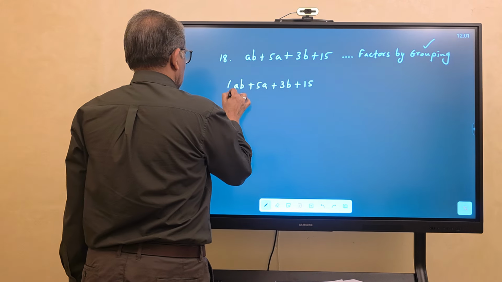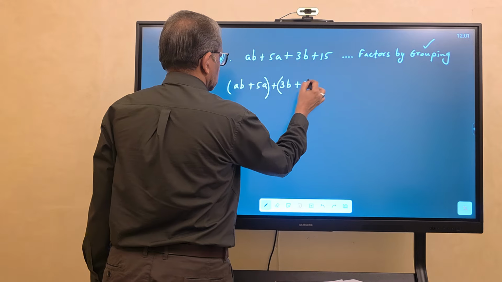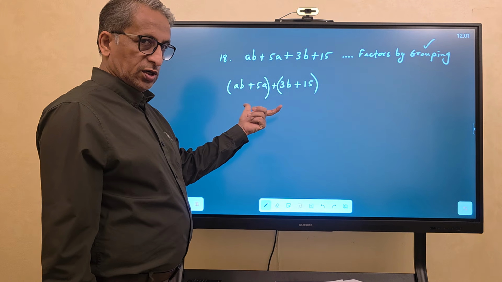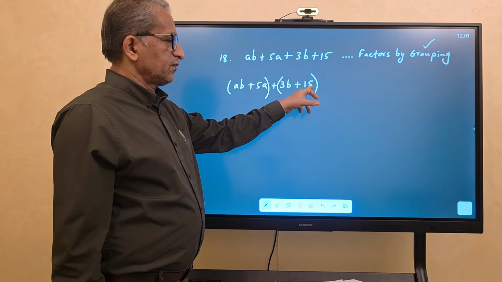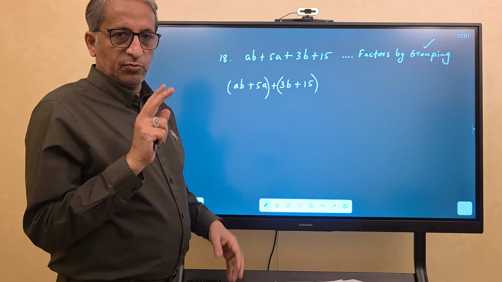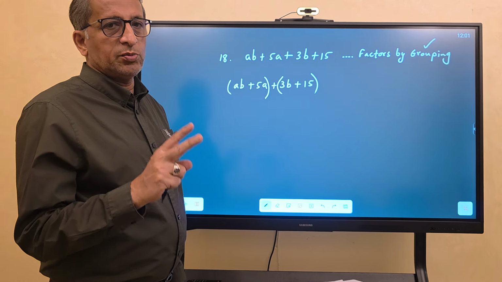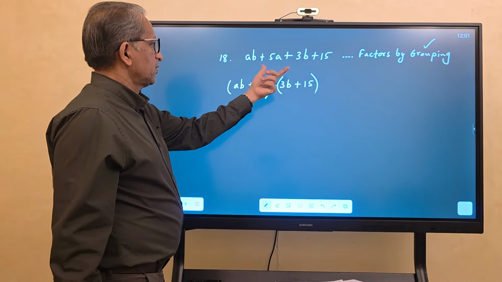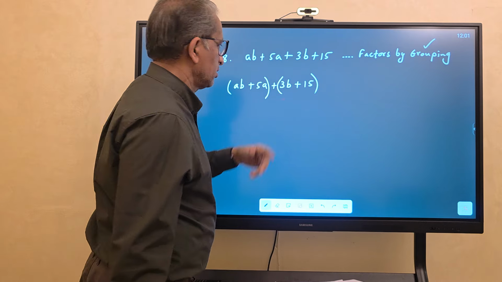Now I will make groups. That is ab plus 5a, one group, and 3b plus 15, one group. Please remember, one term cannot be a group. For a group, you need a minimum of 2 terms. So I have taken the first two terms as one group and the last two as one group.